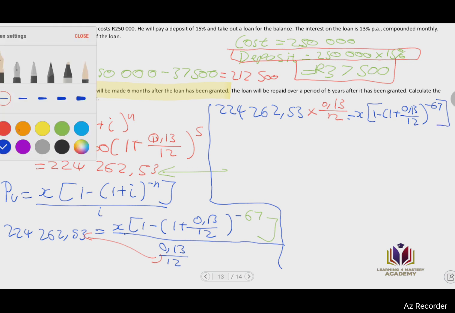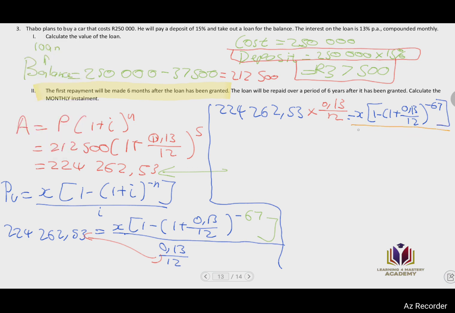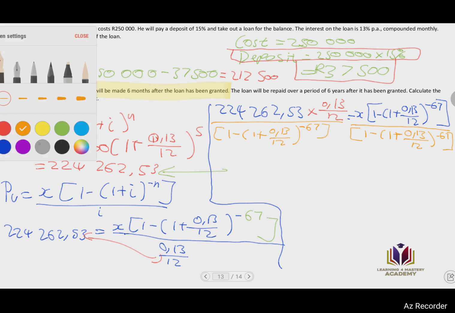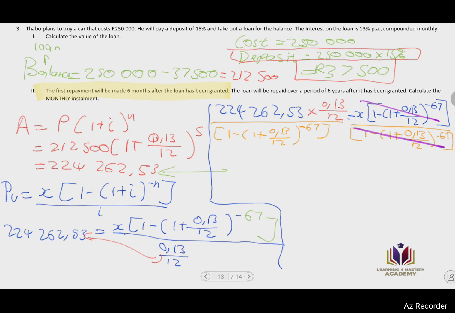Then we can divide both sides by that square bracket there. Then you divide this side as well, 1 - (1 + 0.13/12)^-67. Then this bracket is going to cancel that.